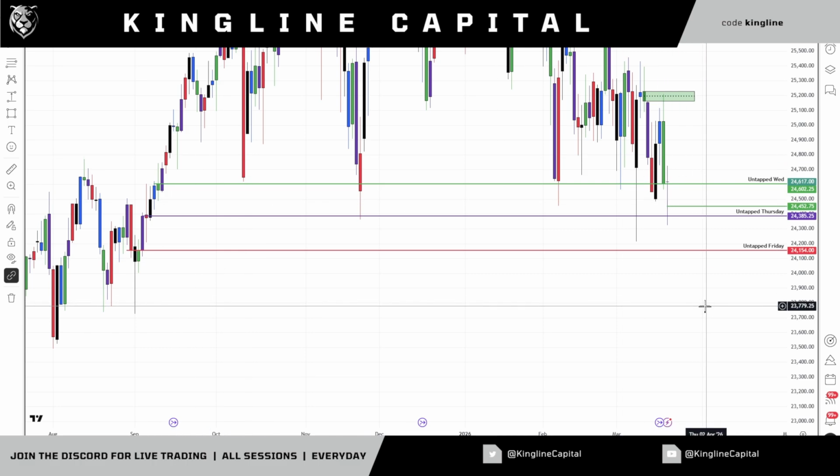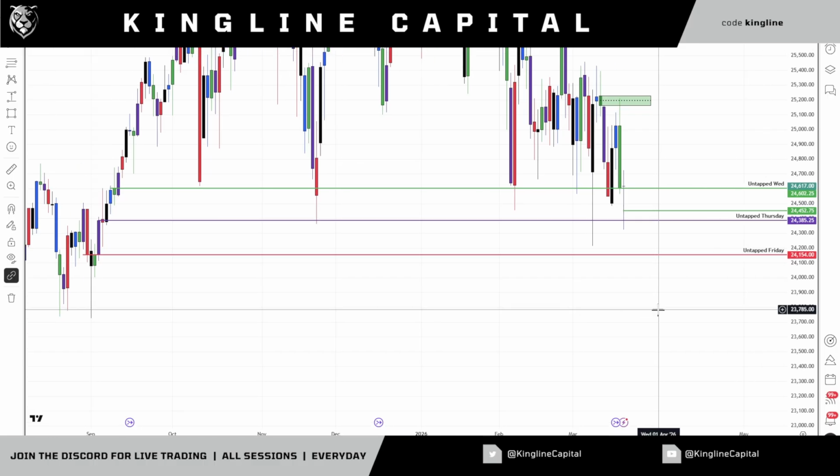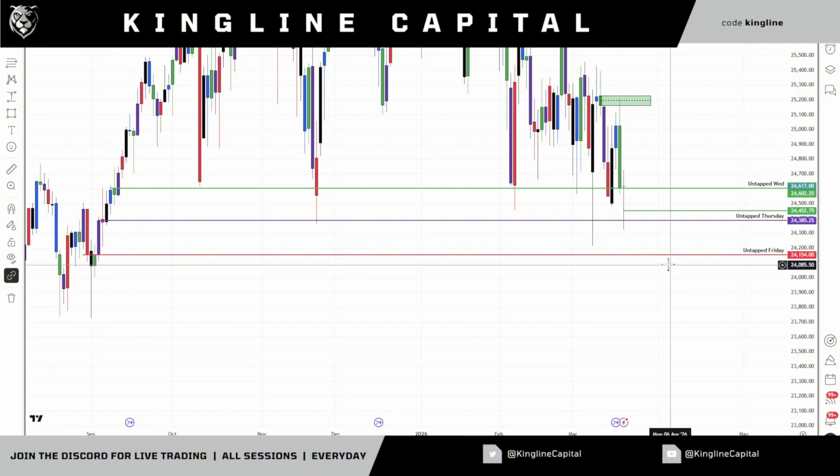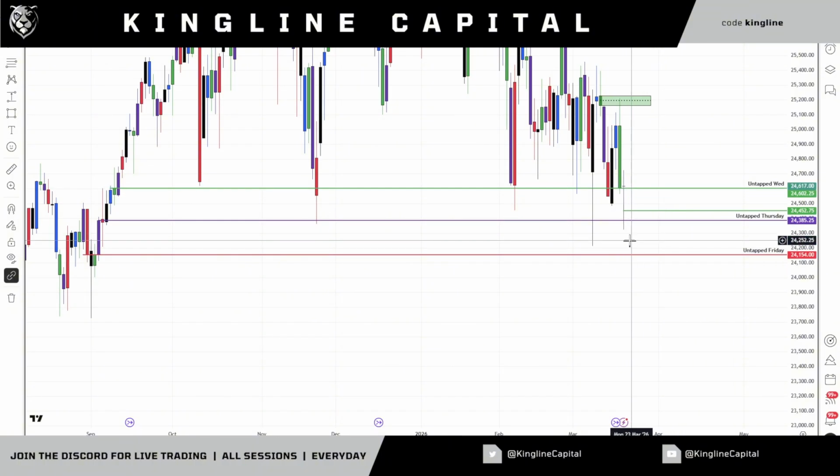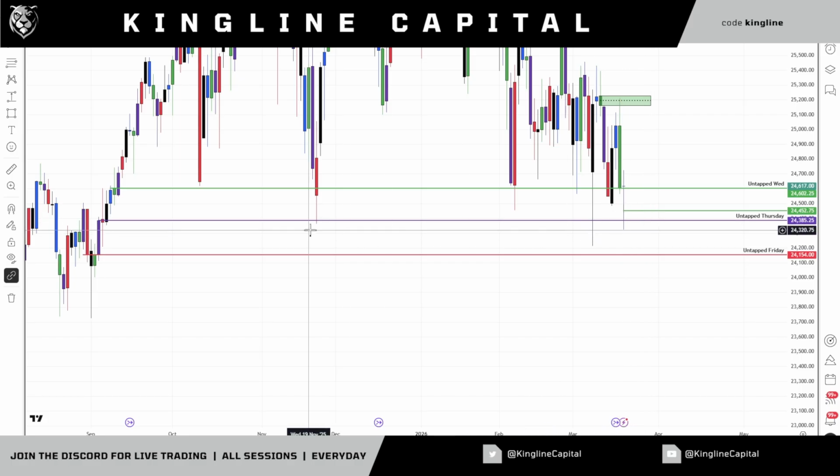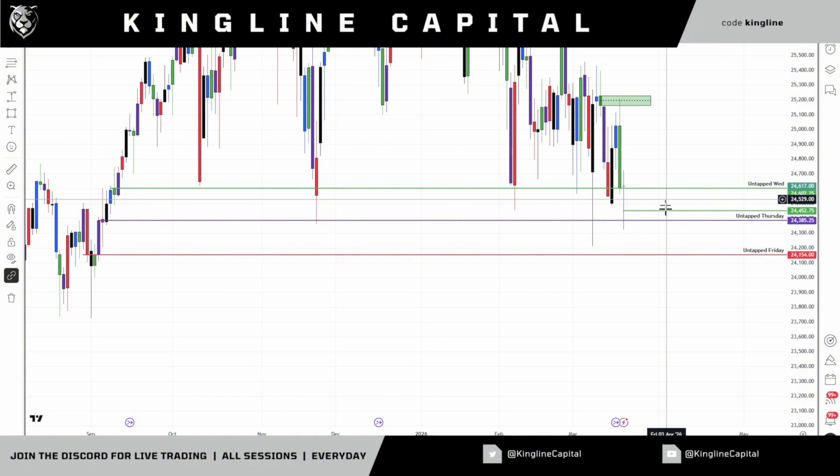Like what is possible or likely to happen? And then be flexible to say, on the flip side, what if we just ran this low again and we closed back up into the range and Friday pushes higher because we rejected this low again and we couldn't close below it? I have to give myself two sides of the coin so that I'm not just focused on, okay, it's got to hit this, it's got to hit this.